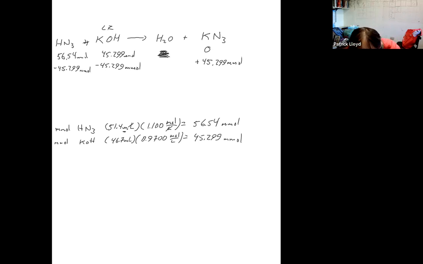Okay, so what happens? This goes down to 0. This one goes up to 45.299. And the HN3 is not going to be 0, right? It's going to be 56.54 minus 45.299, which gives 11.241. Okay, 11.241.